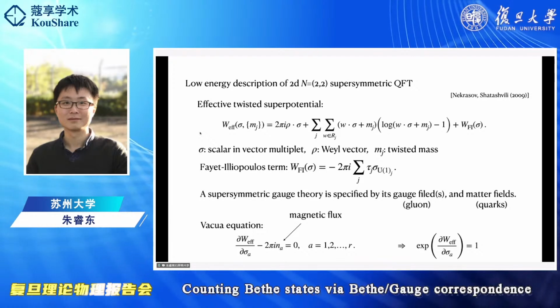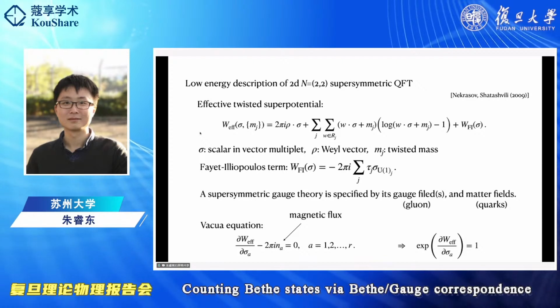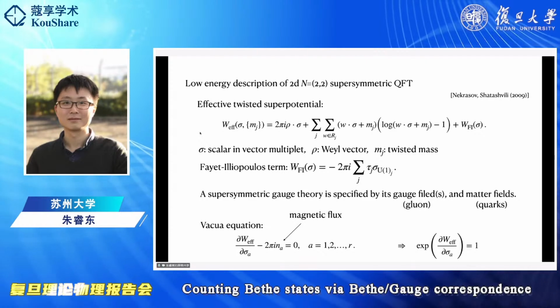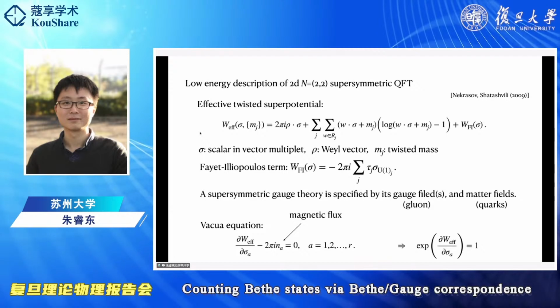Is this W real? Well, it's hard to say. Sigma, I think, is a real scalar field. So we have 2 pi i.